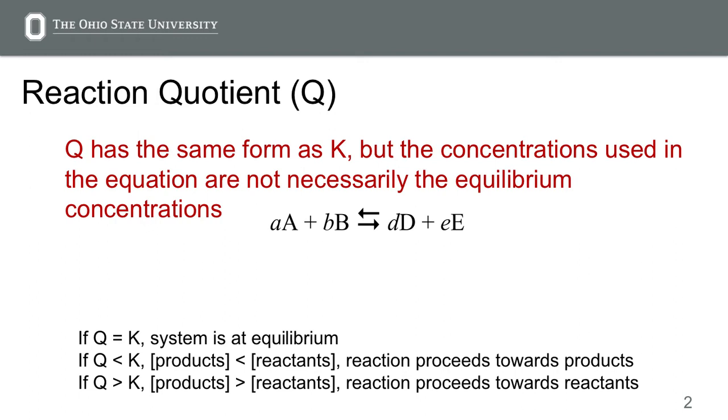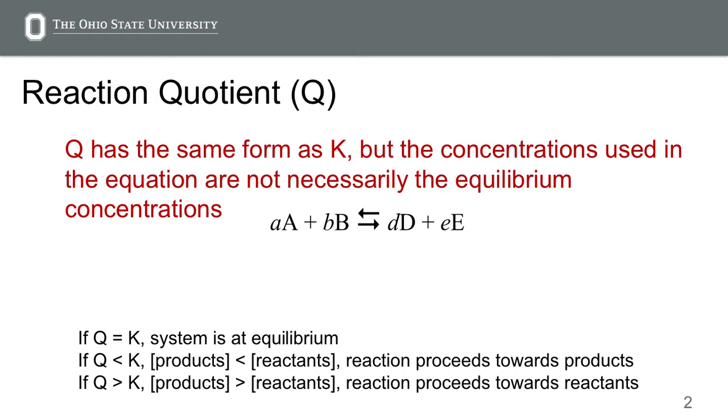So the reaction quotient is basically the same calculation as K. It's just what we use if we want to figure out if a reaction is at equilibrium, or if we know it's not at equilibrium, which direction the reaction needs to proceed to reach equilibrium.